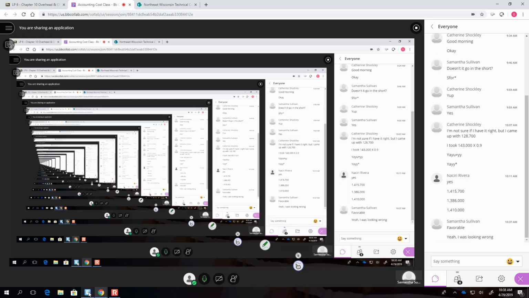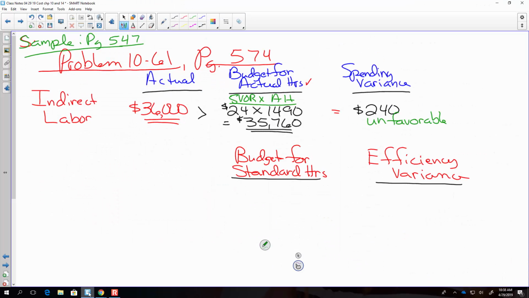Okay. All right, good. I'm glad it makes sense. So on the test, I could present the information like this also, rather than a template. Anybody else have a question on why it's unfavorable?